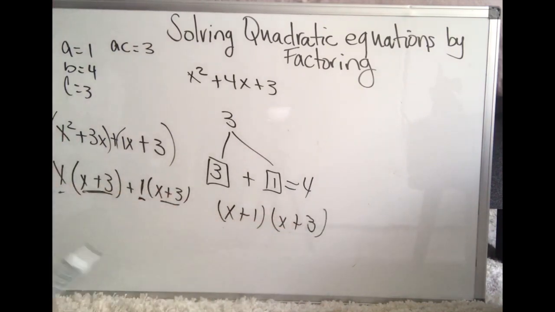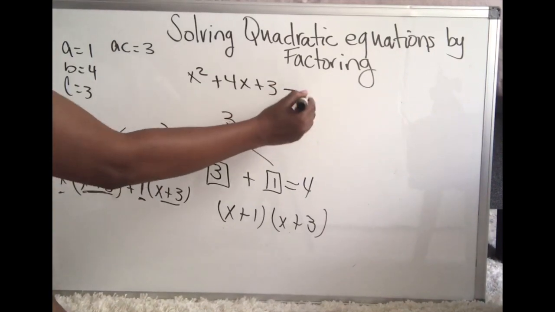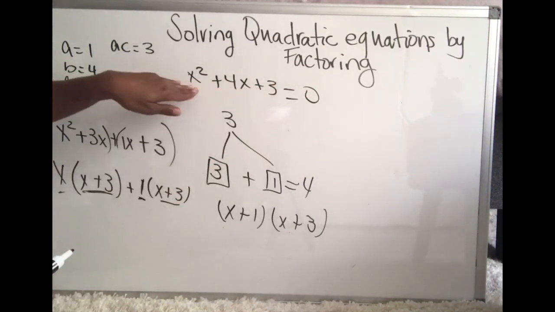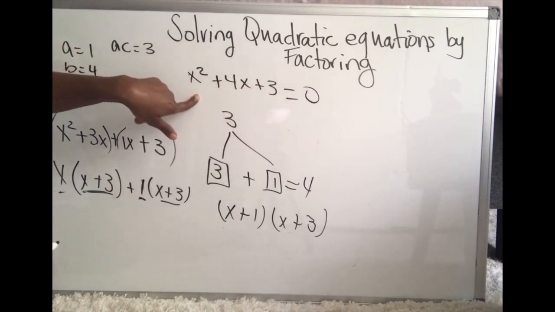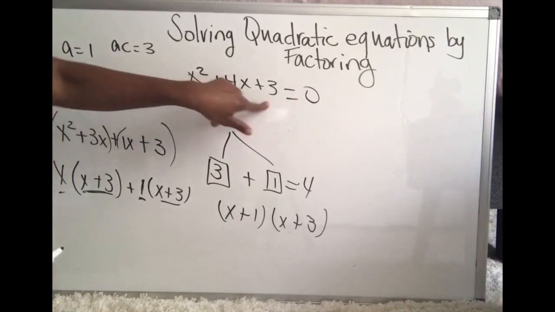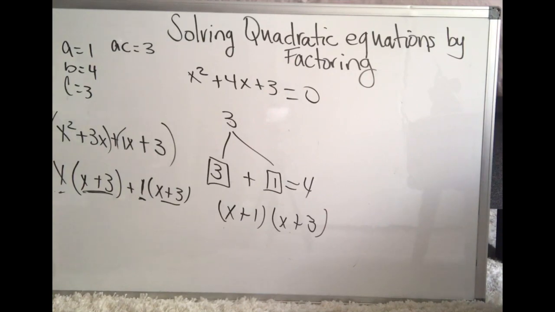So now that we know our two factors, we can find what it equals to. And remember, this has to be 0, and everything on the opposite side of the 0 has to be in quadratic equation form. Okay? So now that we know that, we can set our factors equal to 0.